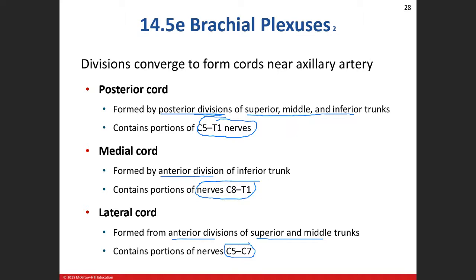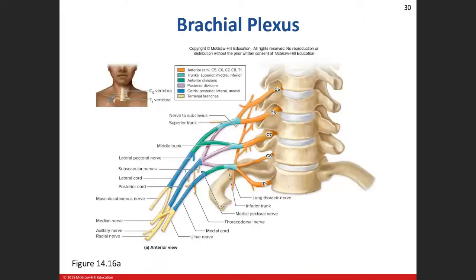So the final part is really what I wanted to get down to. Let me show you the brachial plexus first, and I'll come back to that. You can see here the anterior rami, C5 through T1. You'll see how it will give off branches here, and they'll combine.